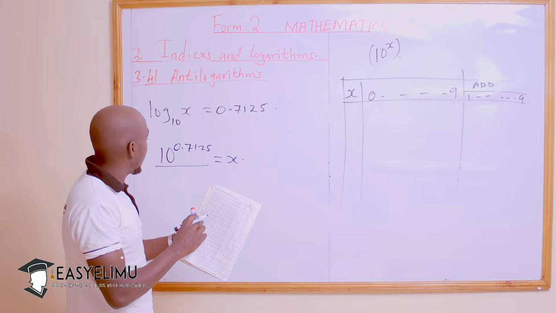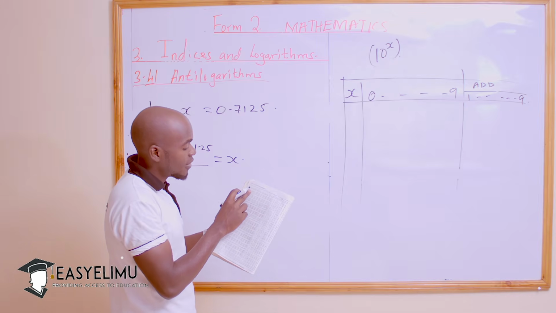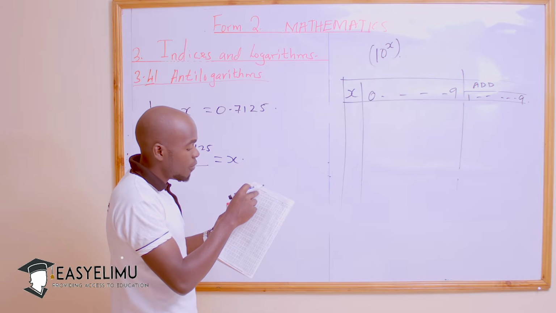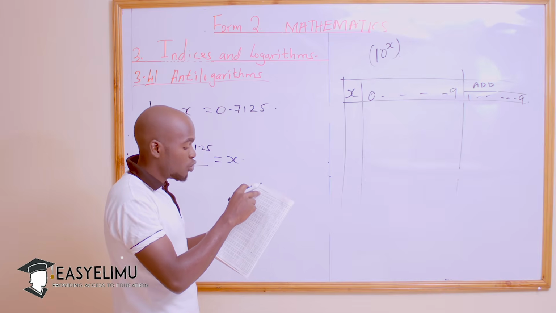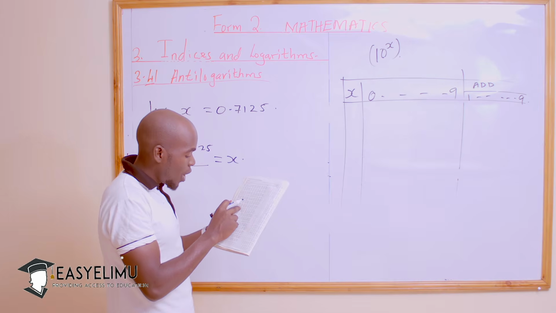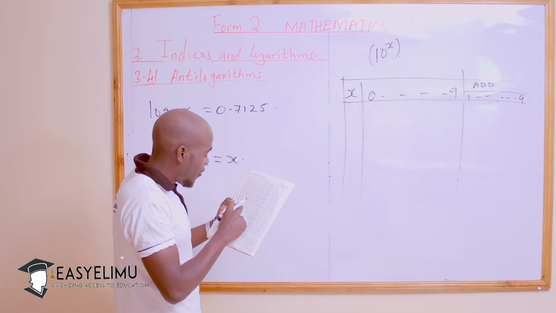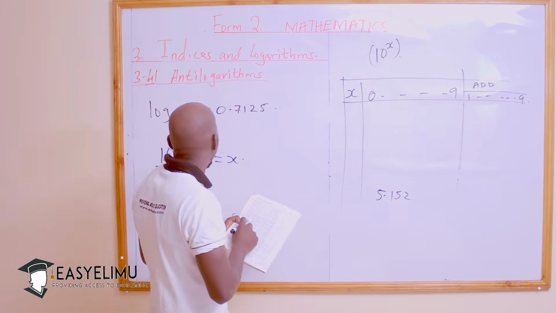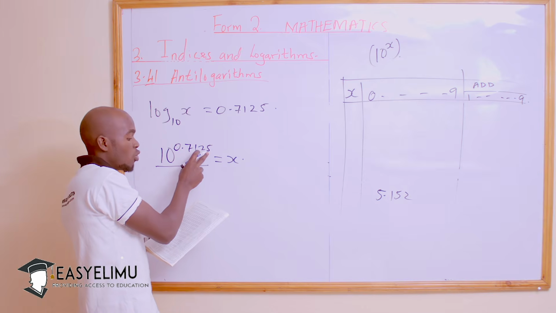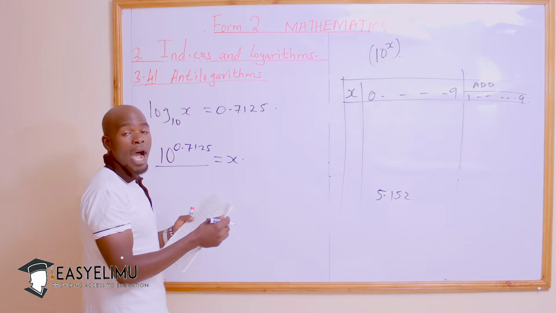After locating 0.71, locate 2, which is in the second section of the table, and using that column of 2, run down until you coincide with the row of 0.71, and you will find 5.152. And then we have a remainder which is 5. So go to the third part of the table where we have add.